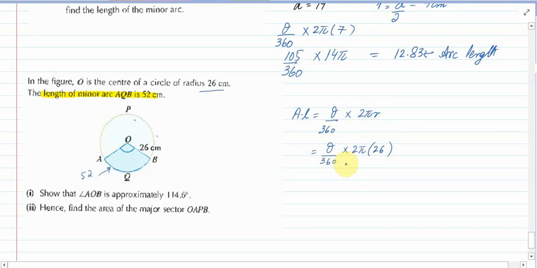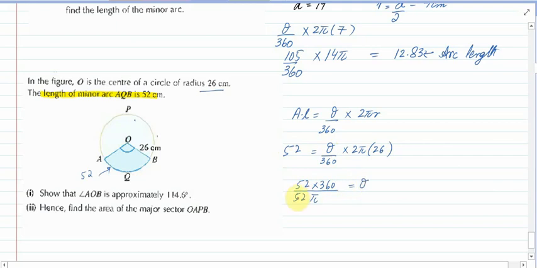Now you need to substitute the value of arc length. Its value is 52 and make theta the subject of the equation. So it's 52 times 360 divided by 2 times 26 times pi, that is theta. Now you need to calculate it.